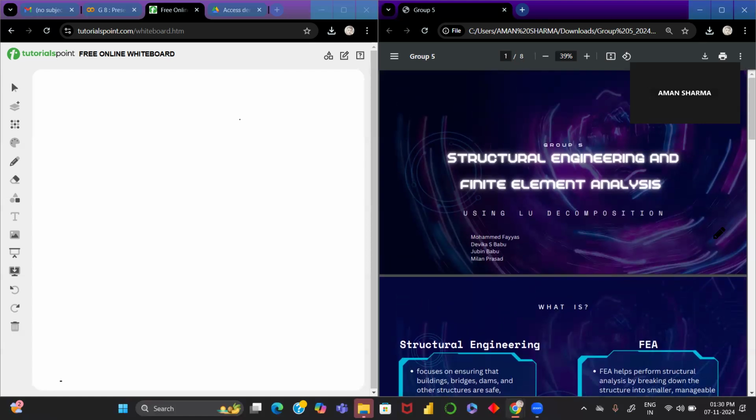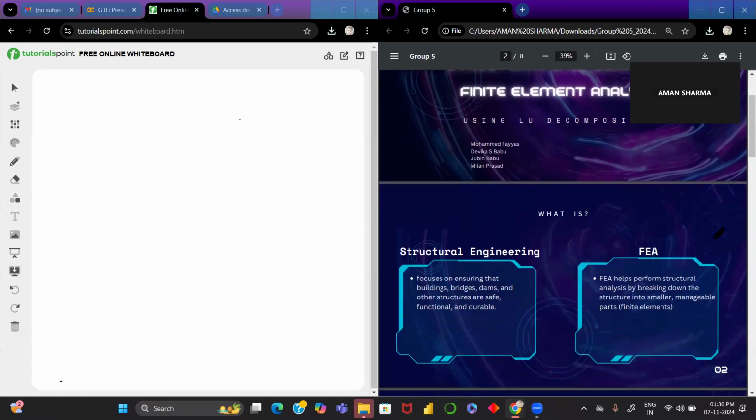So, first, let's go through what structural engineering is. Structural engineering is basically all about making sure that when you build a structure, like a building or bridge, it is stable and strong. It focuses on ensuring that buildings, bridges, dams, and other structures are safe.